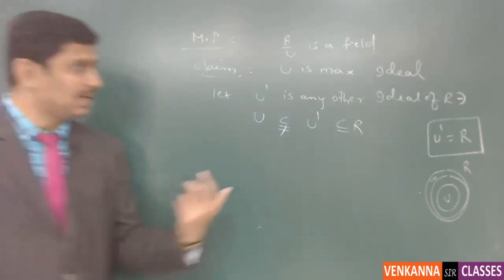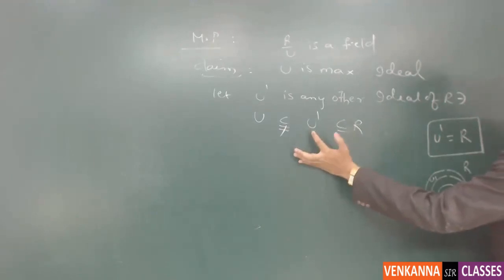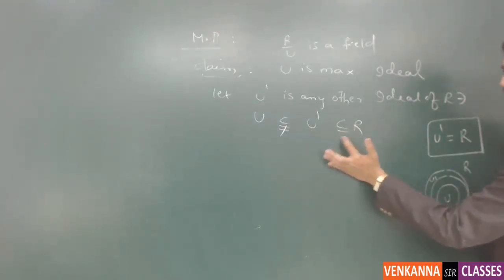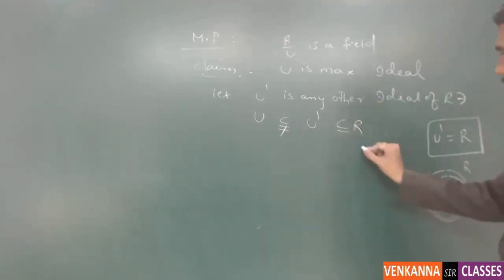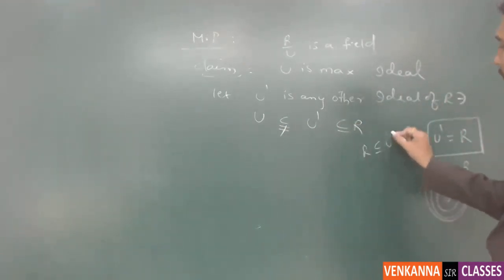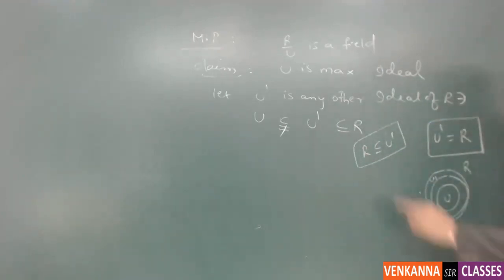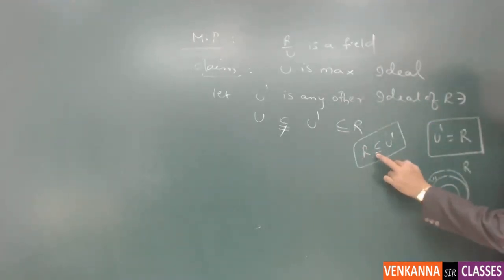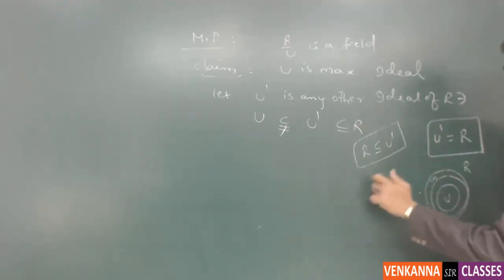So from the very point of this, u dash is a subset of R, which is known to us. The other part you have to show is R subset of u dash. So you are saying that the ring is a subset of the ideal. That is actually what you are proving here.